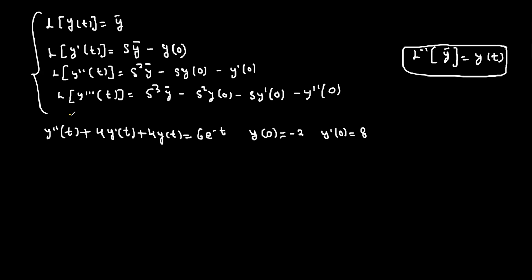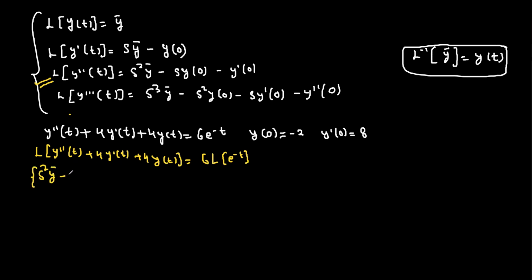How will you use it? First of all, take Laplace on both sides. You know Laplace of y double dash is what? Use this formula: s square y bar minus s y0 minus y dash 0.